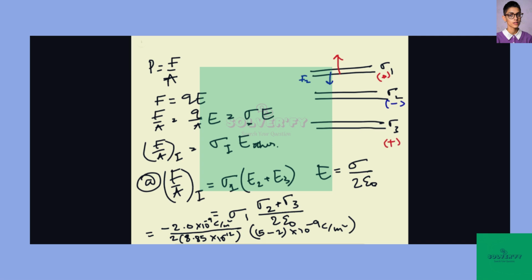Let's write down the values beforehand here. This one is 6.5 nanocoulomb per meter square. The second one is minus 2 nanocoulomb per meter square. The third one is 5 nanocoulomb per meter square. Now, by plugging these numbers into a calculator, you can see that this is equal to 1.1 into 10 power minus 6 Newton per meter square.